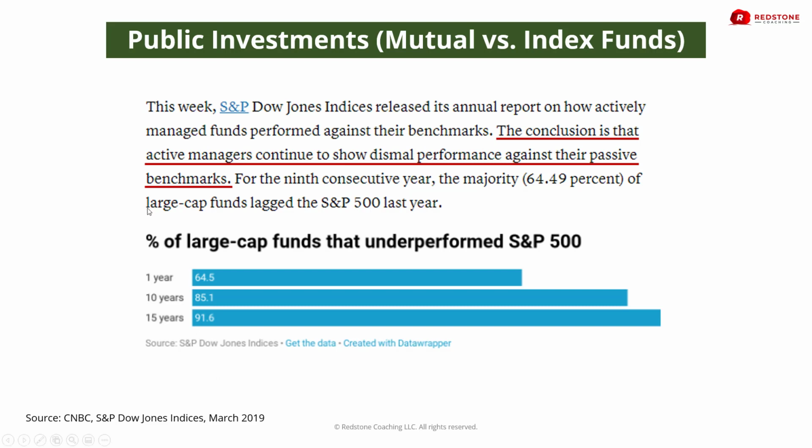For 1 year, 65%. That's pretty bad. More than half of them underperform after 1 year, then 85% after 10 years, and 92% after 15 years. So not only are you paying these people a lot of money, but they're underperforming.